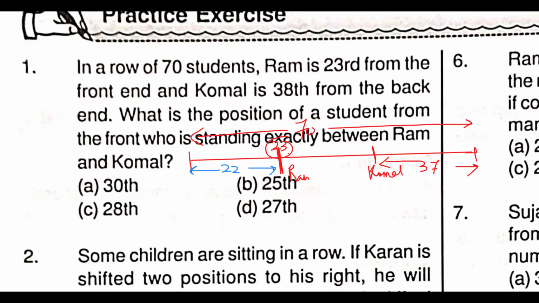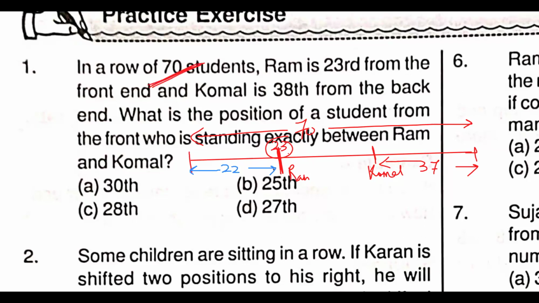But if we come to know how many students are there between Ram and Komal, then we'll be able to find out the position of that student who is exactly in between Ram and Komal. Yes or no? Would you like to try? I'll just give you one hint: total students are 70.